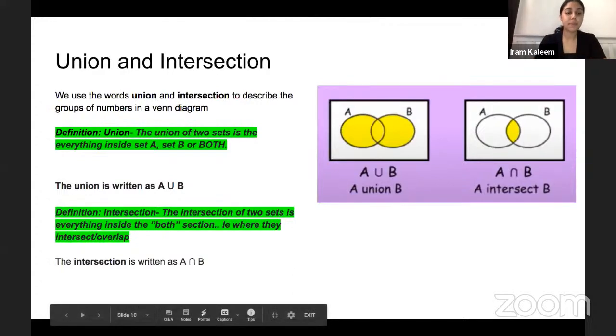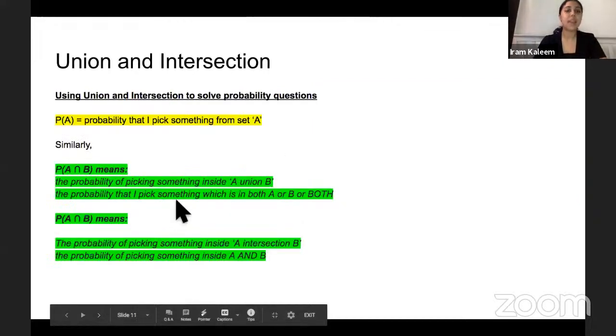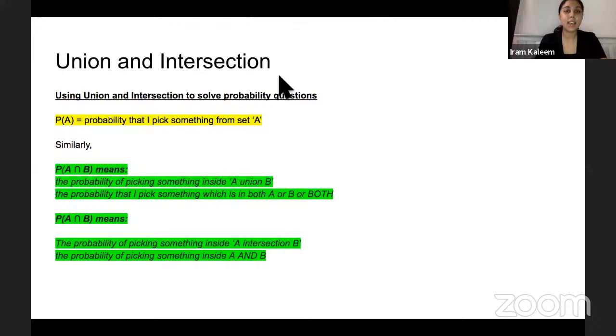Okay, hopefully you've got all that down by now. So finally, and this is probably one of the last things that we'll be learning in terms of the content for probability. So union and intersection.